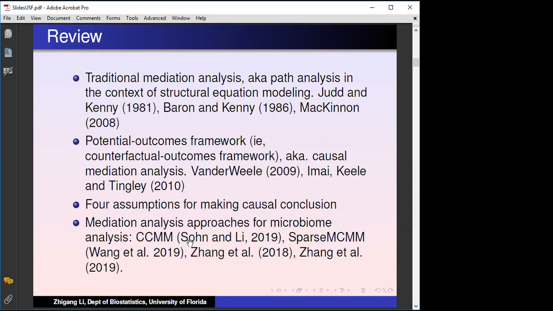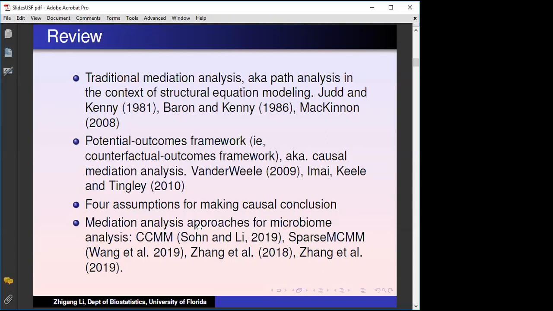And microbiome data is one of the examples. Because of the unique and complex features of microbiome sequencing data, it's very difficult to directly apply the existing mediation analysis framework to the microbiome data to get a valid result. So some further developments have to be made to appropriately analyze the microbiome as a mediator.